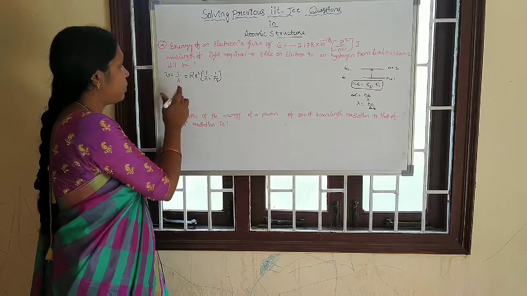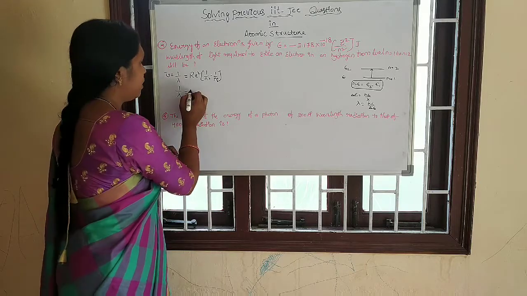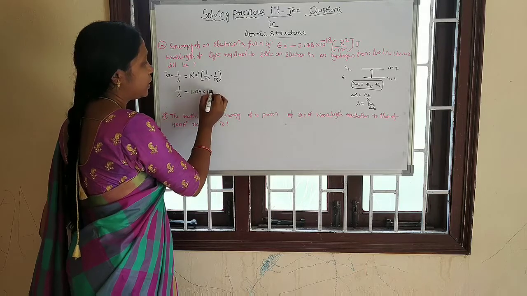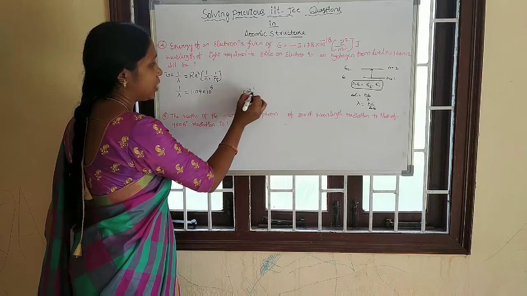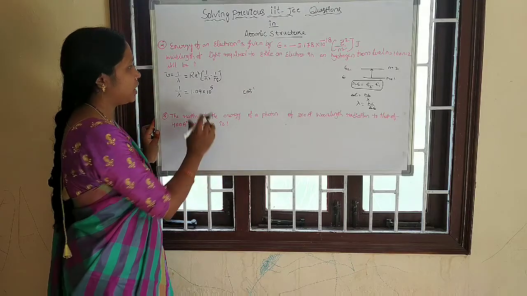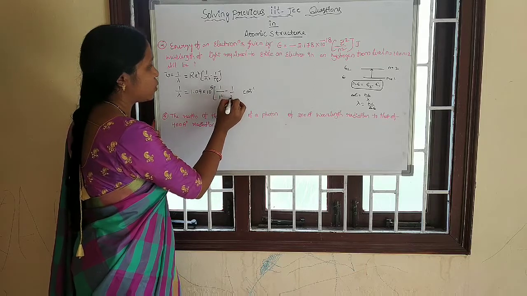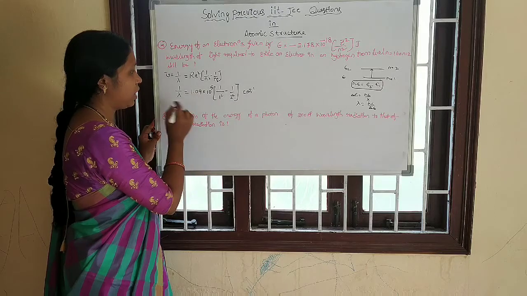So here 1 by lambda is equal to R, which is 1.09 into 10 power 5 centimeter inverse, into (1 by n1 square, that is 1 square, minus 1 by n2 square, that is 2 square). So that is 3 by 4.